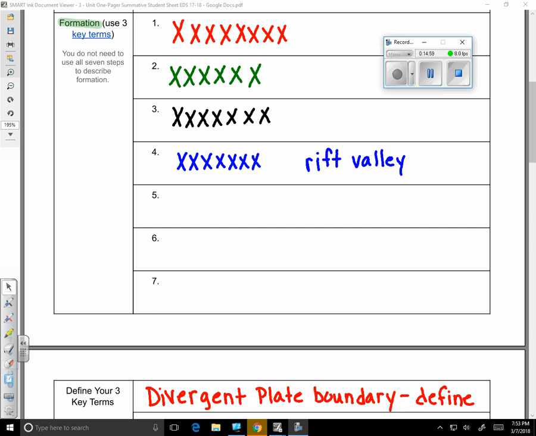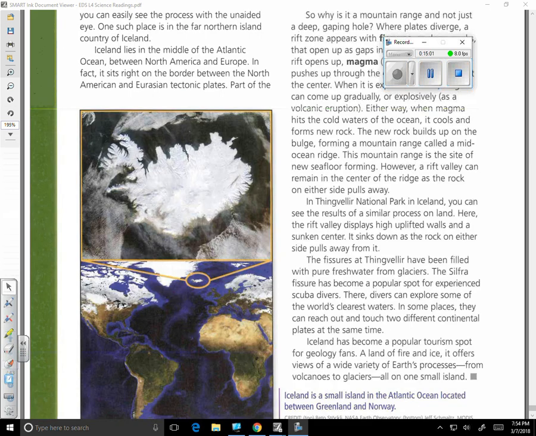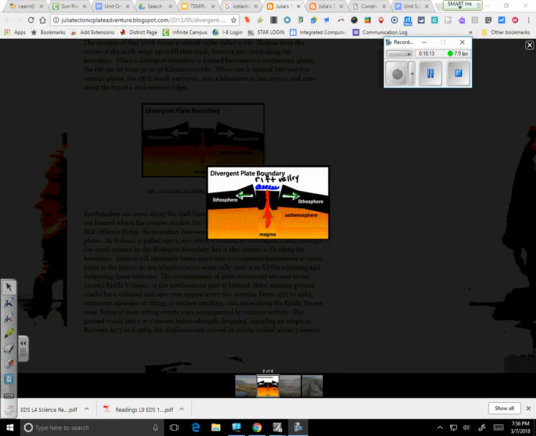So the final step, step number 5, is right here where it says that it's filled with pure fresh water from glaciers. So this last step is right here where this rift valley gets filled up with fresh water that's melted from glaciers.